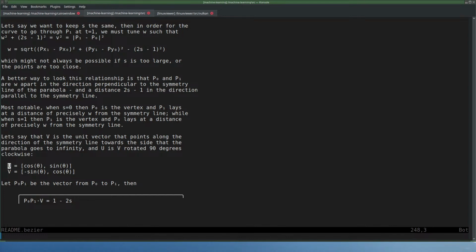And I thought, well, u and v maybe, but then I already use v for the vertex, or maybe lowercase v. So in the unrotated case, u is just the x-axis and v is the y-axis. I think this is correct. Yeah, absolutely.